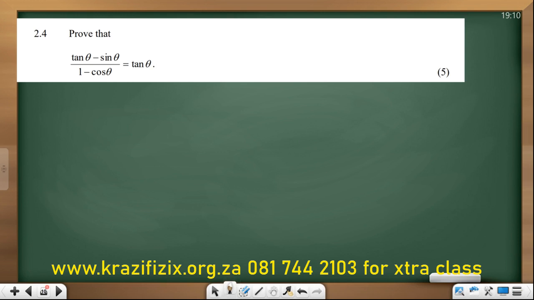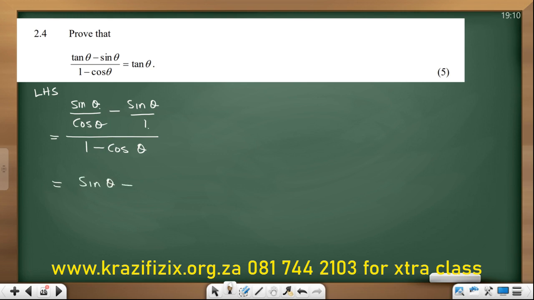What is tan? Tan is simply sine theta, okay, left-hand side, over cos theta minus sine theta over 1. And that is 1 minus. All right, let's do our diagonal multiplication. Sine theta times 1 would give us sine theta, minus that times that will give us what?